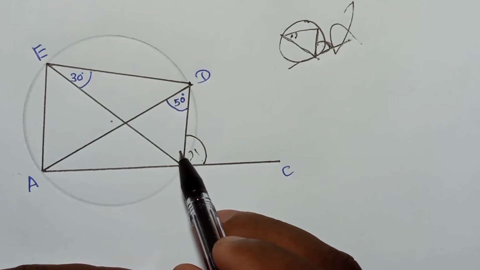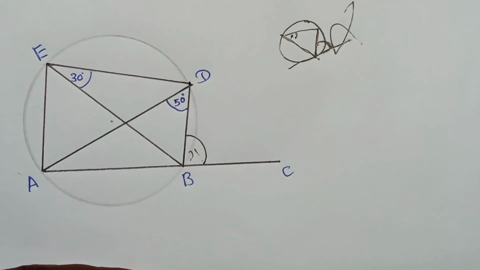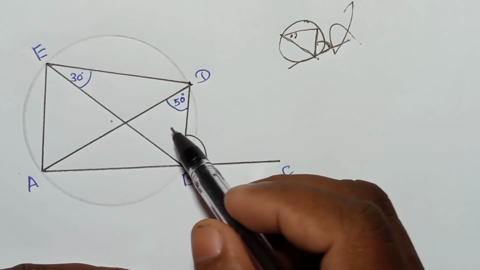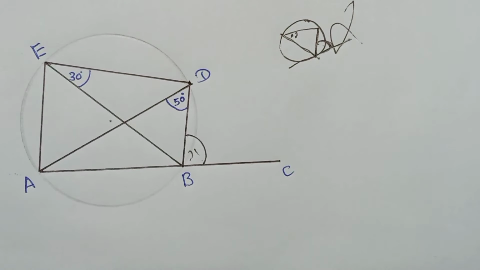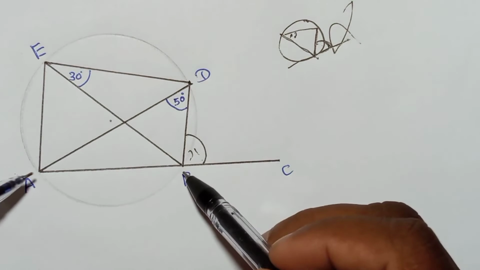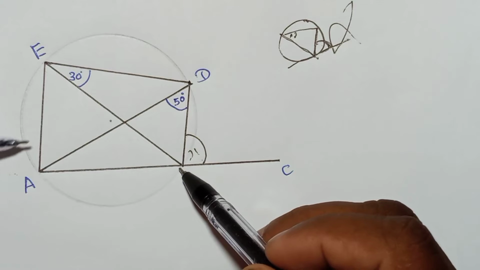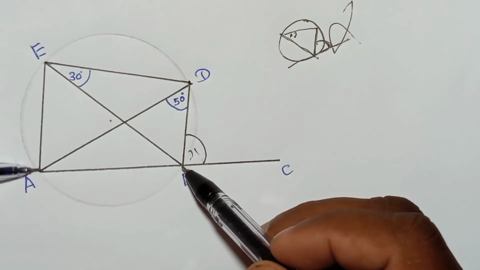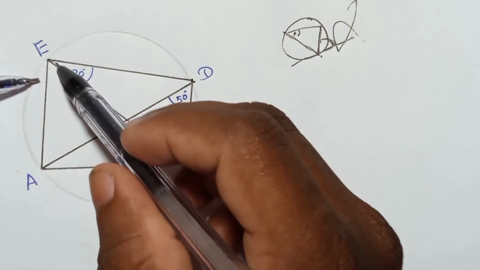So first of all, like I always mention to you, mark the other angles that you can find. Now look, from AB, two points, go to the circumference like this. From the same two points AB go to E, right?